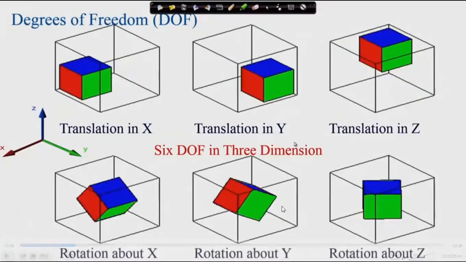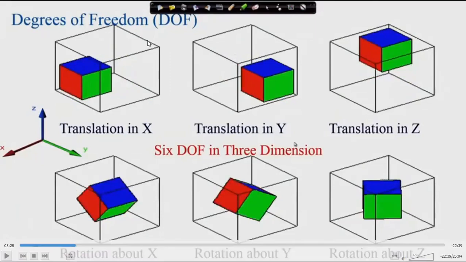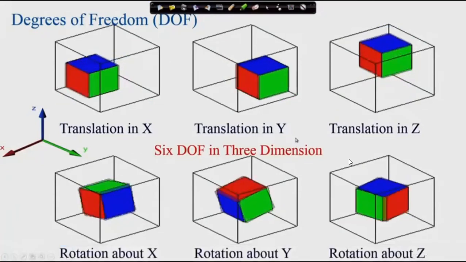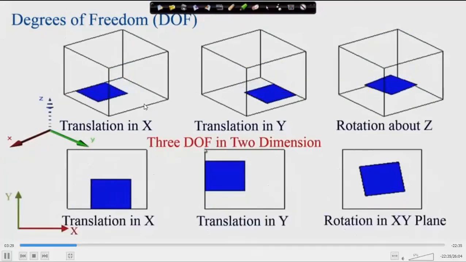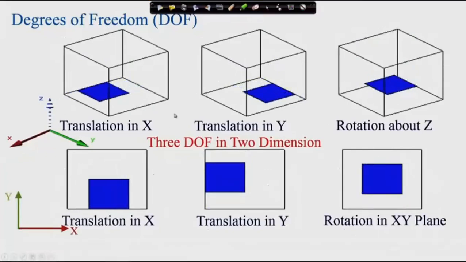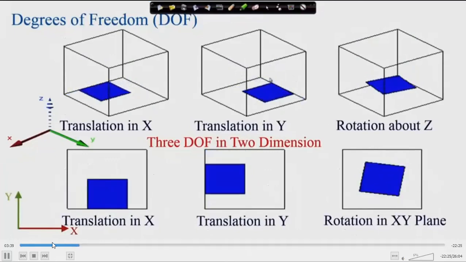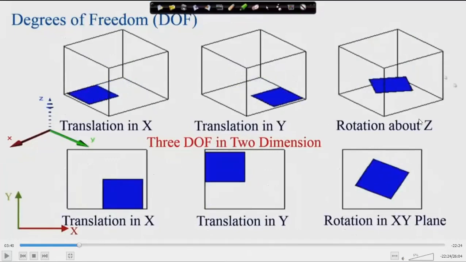For the two-dimensional case, we will only be dealing with translation in x, translation in y, and rotation about the z axis. Can you see? This is the idealization. A 3D object was there, now this is a 2D object. You can translate in x, translate in y, and rotate about z.